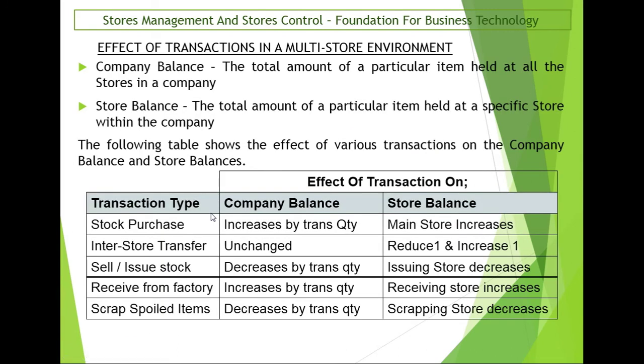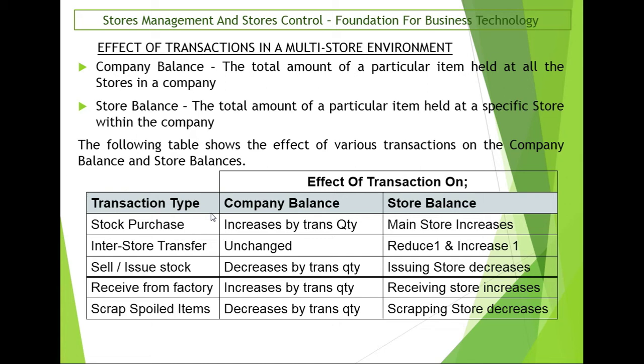So when we talk of the company balance, we are saying it is the total amount of a particular item that is held at all the stores in the company. So in the example of the broom that we gave, the 10 was the company balance, but the store balance is the total amount for a particular store.